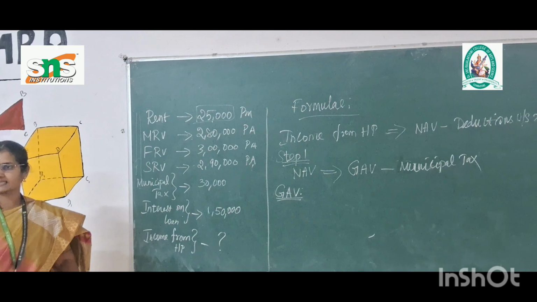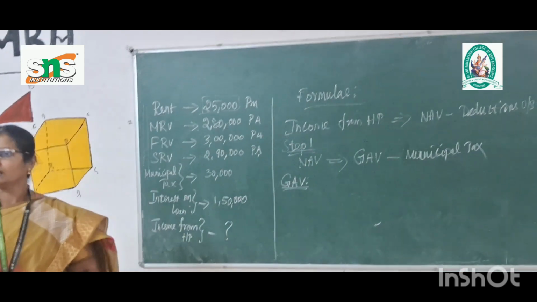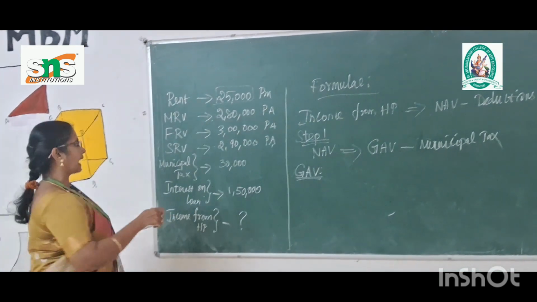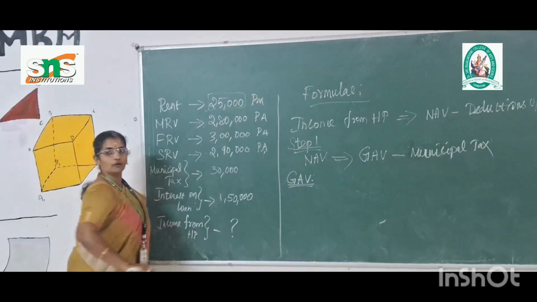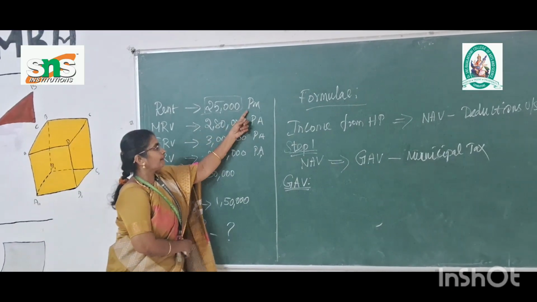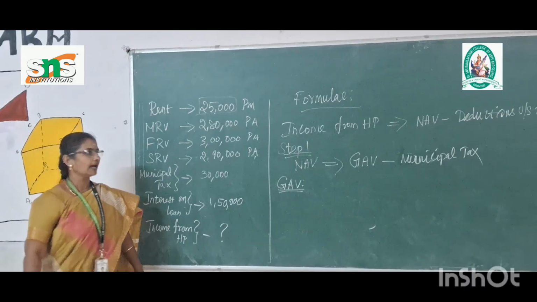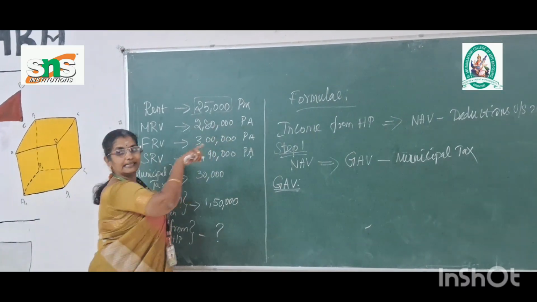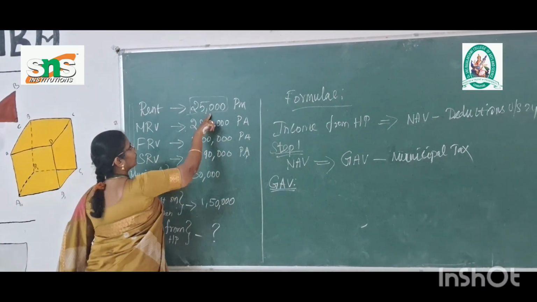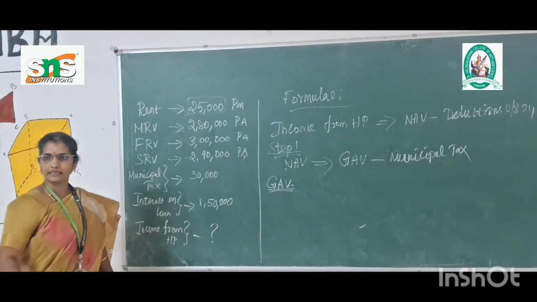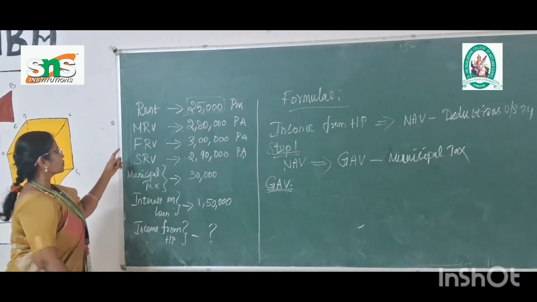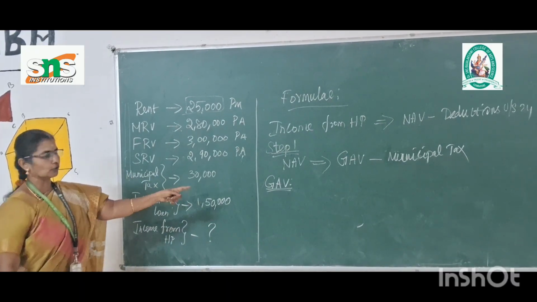Under the Income Tax Act, for tax purposes we have to multiply by 12, because the rent received by Mr. Arjun is given per month. Actually we have to calculate yearly, so that's why we have to take 25,000 multiplied by 12. Based on this information we have to calculate.